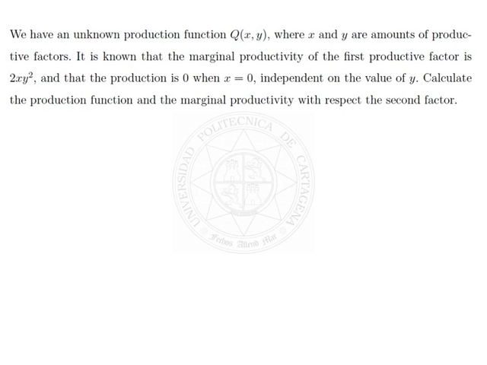So what we have here is an unknown production function. It is known the marginal productivity of the first productive factor, so we know that the first derivative of Q with respect to x is 2x y squared.